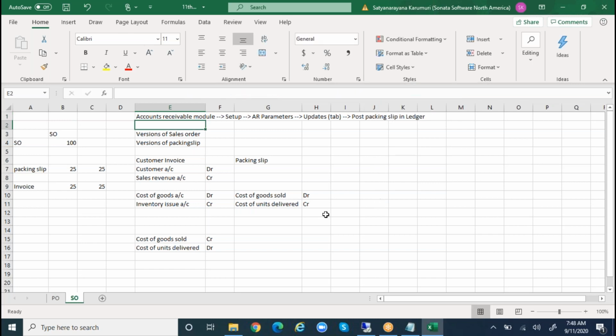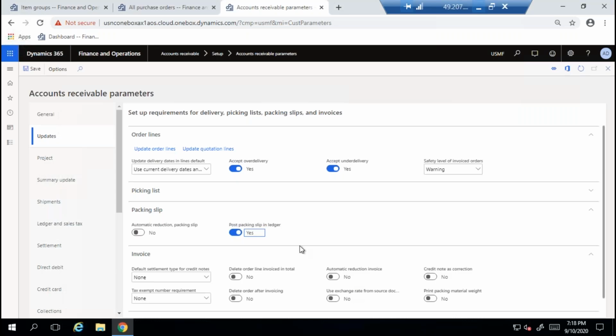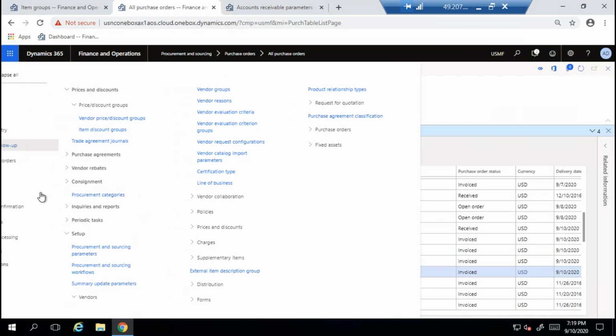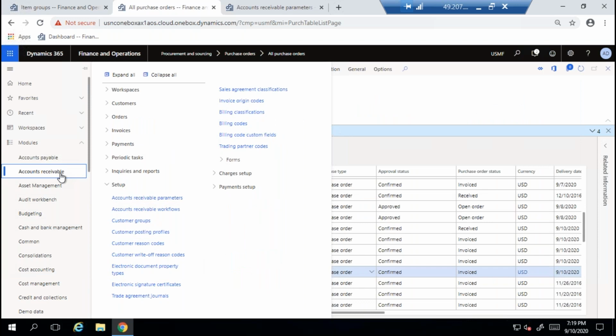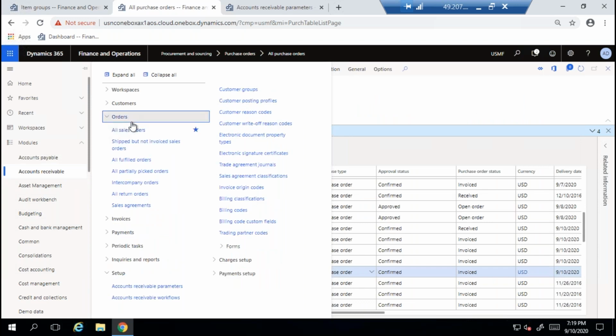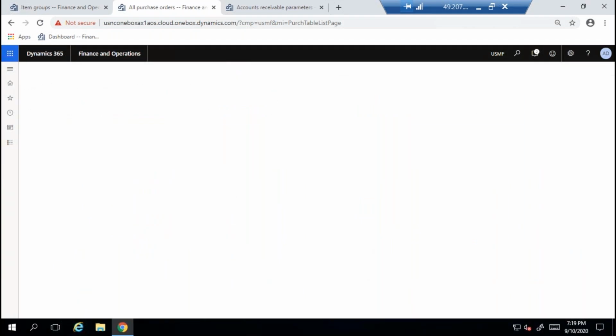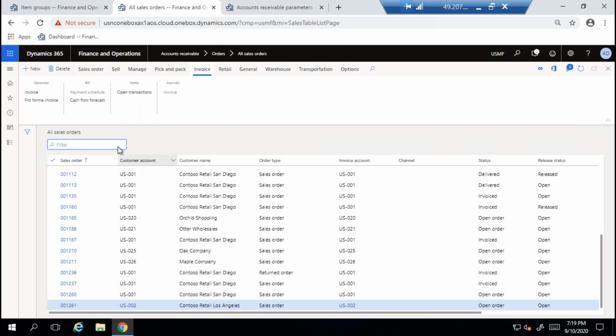Okay. So let me show what happens without this checkbox first, and what happens with the checkbox. Accounts receivable module, orders, sales orders. The same concept applies in sales and marketing also.